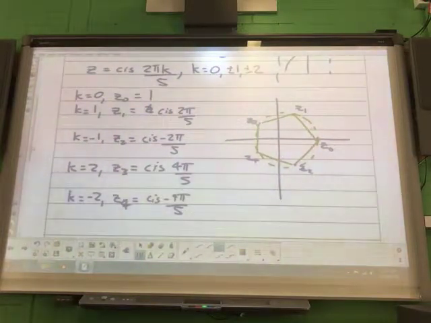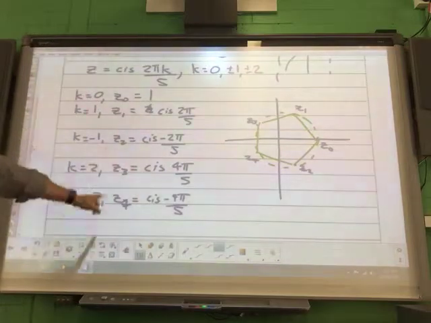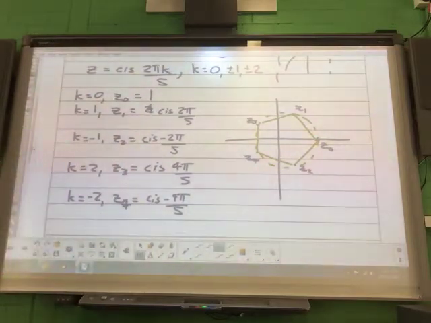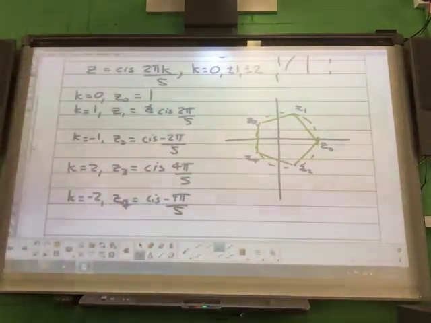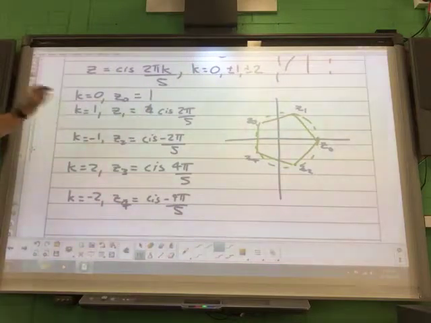It's a handy feature to remember that solutions occur in conjugate pairs. If you go 0, 1, 2, 3, 4, it just means you're going to have to do a 2 pi takeaway to get it back into an angle between 0 and 2 pi so you can plot it. So that's why I've used that technique there.